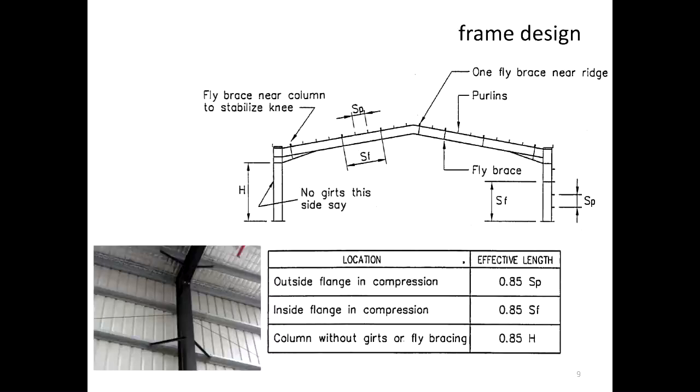Inside flange in compression, 0.85 multiplied by the spacing of the fly brace. And if you have a column that doesn't have any guts or fly braces, then the effective height becomes 0.5 times the overall height. Is that correct? Which is what you've learned from column design when you do materials and structure.